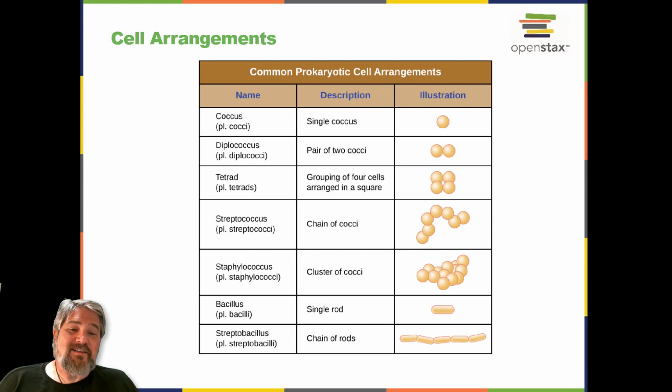Now the staphylococcus, these are a cluster of cocci that are asymmetrical in their plane of division, thereby forming clusters. And then finally, the streptobacillus, when you have a chain of rods.